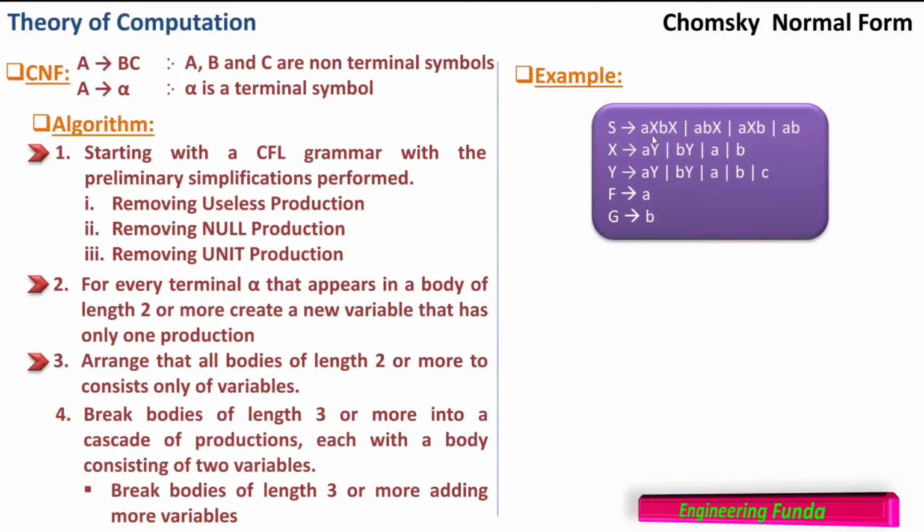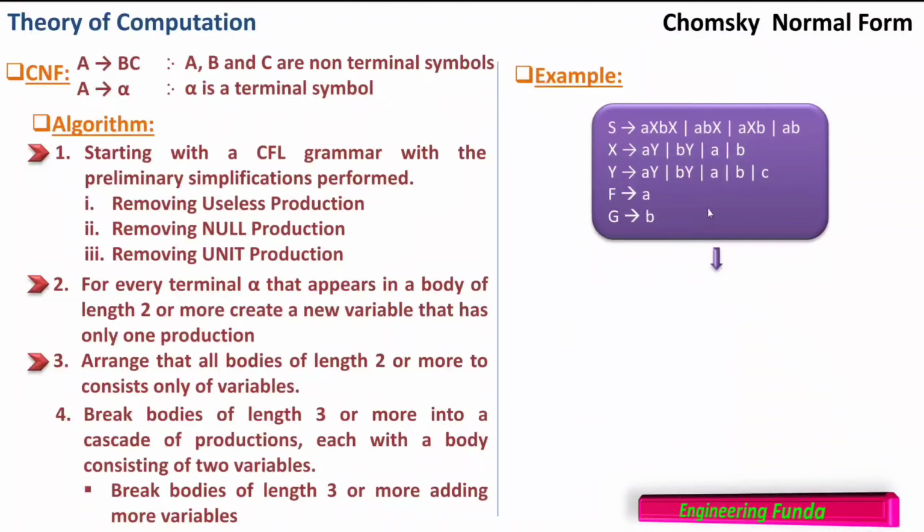We have to focus on these, and what we are supposed to do is make them consist only of variables. How can we do that? We do that by using these two newly created productions. So every a and b which has this property, of length 2 or more, should be replaced by the new variables F and G respectively.